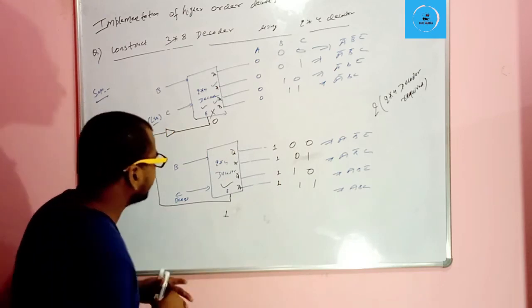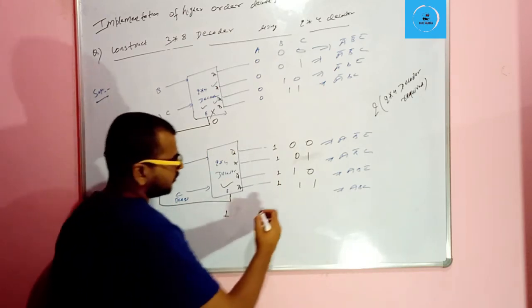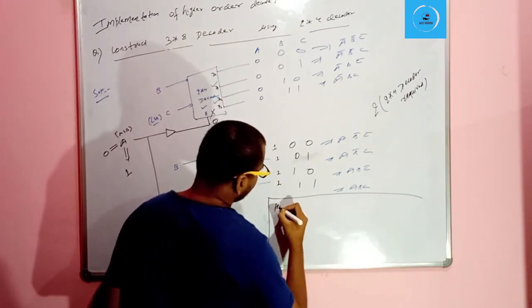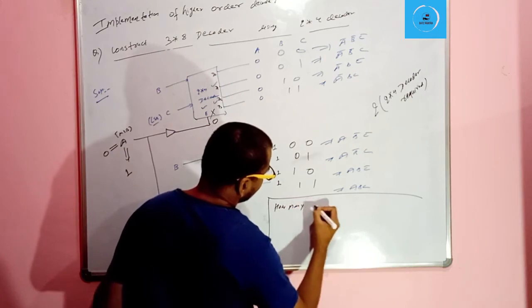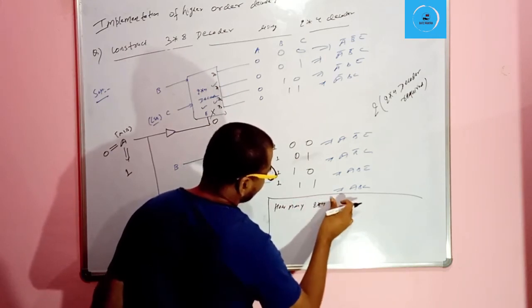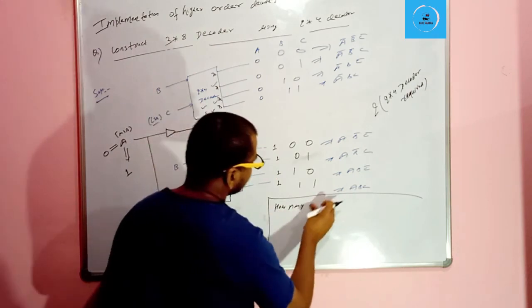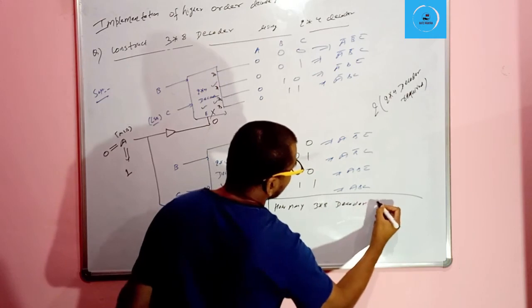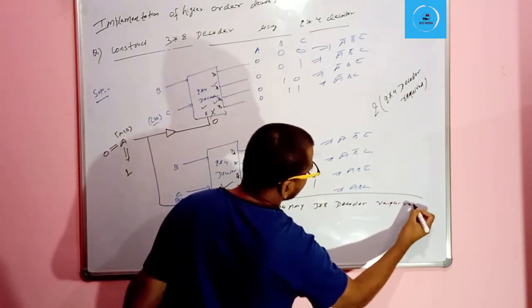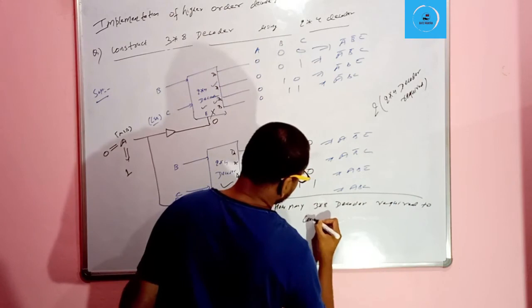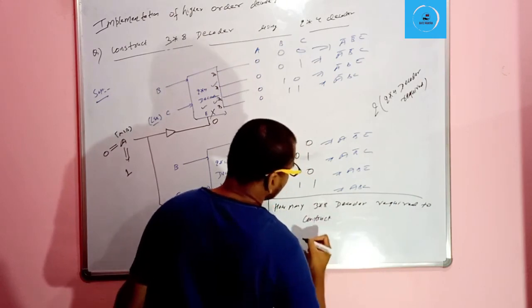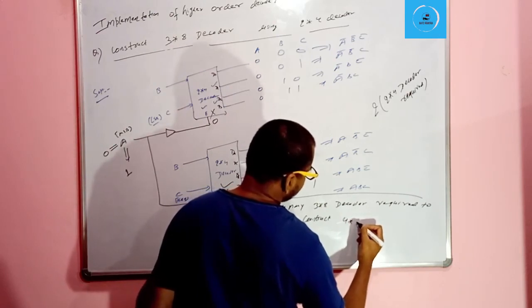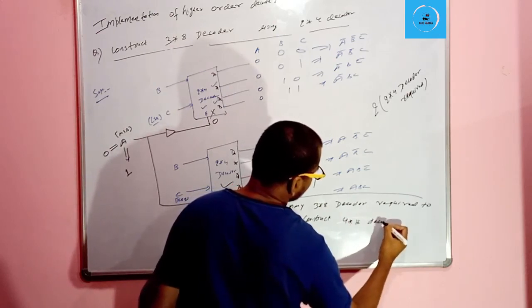Similarly, one question for you to do by yourself: how many 3 to 8 decoders are required to construct a 4 to 16 decoder?